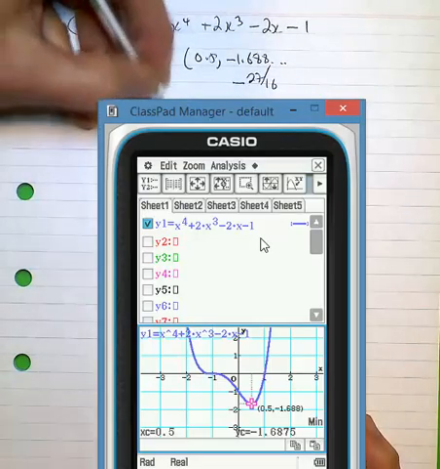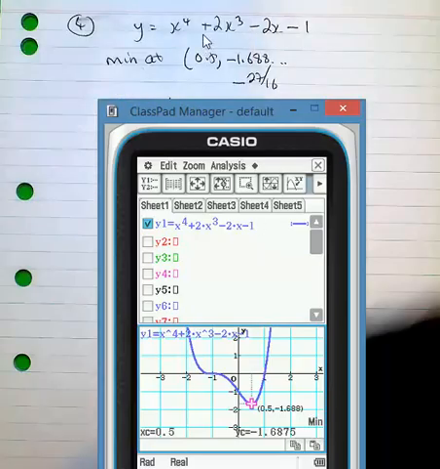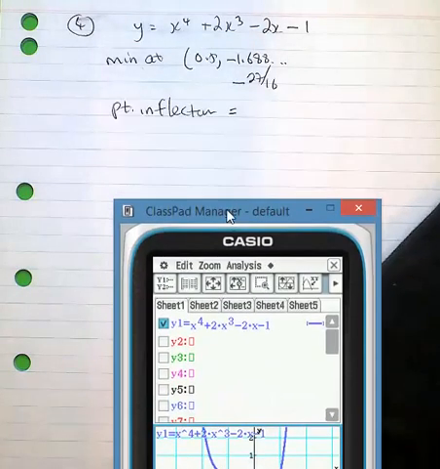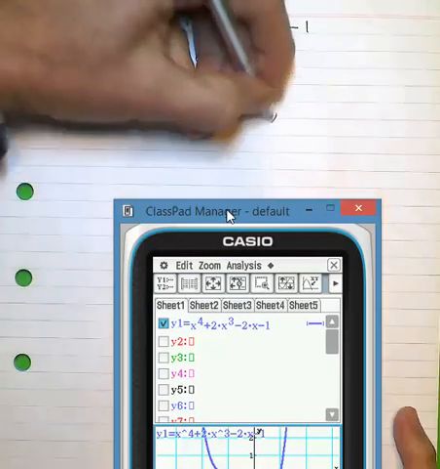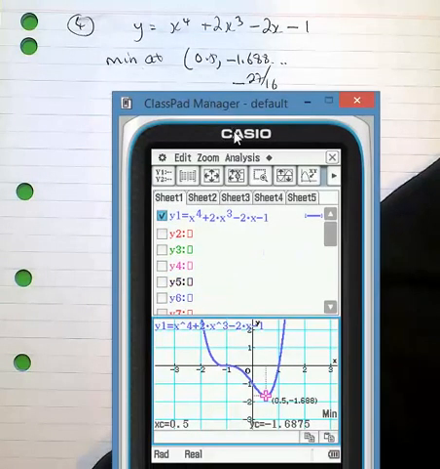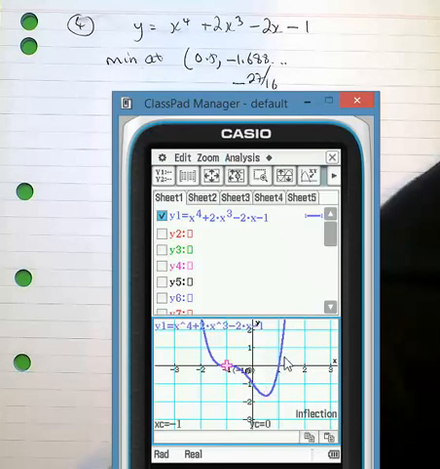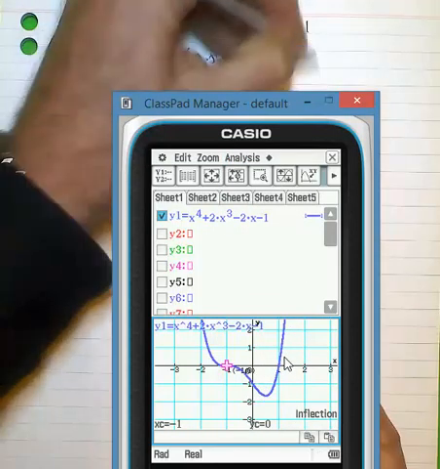And I'm going to have a point of inflection. Now you can probably see that's at negative 1, 0. But I'll just check that using the calculator. You can see inflection there. Yep, certainly enough, negative 1, 0.